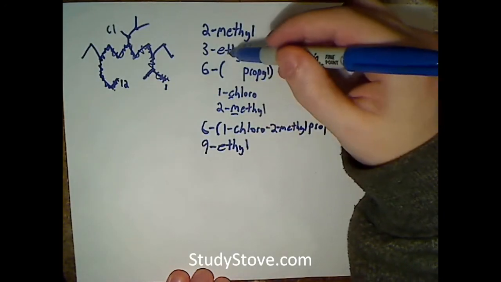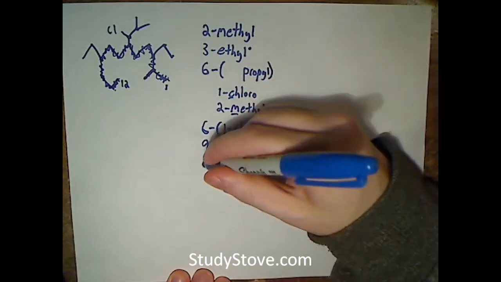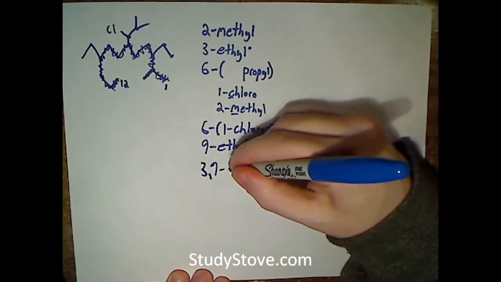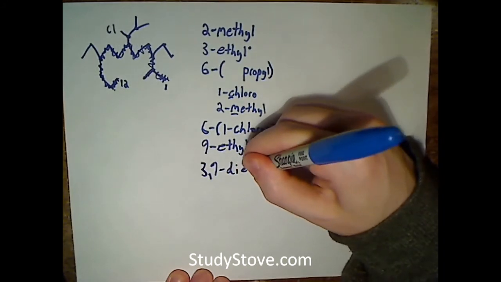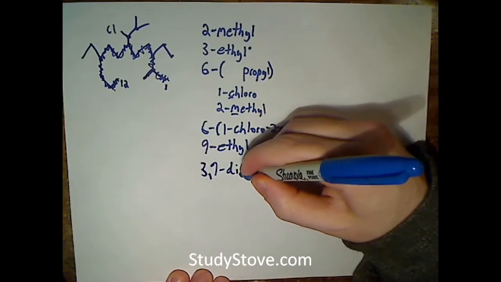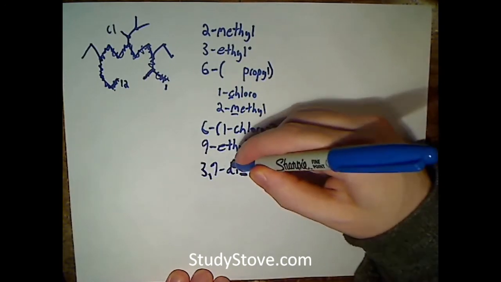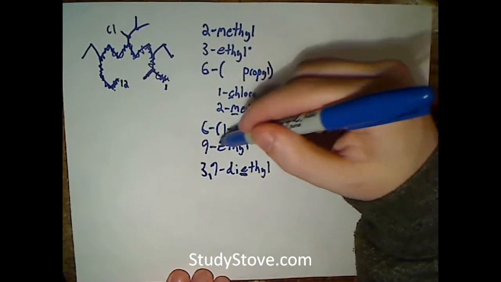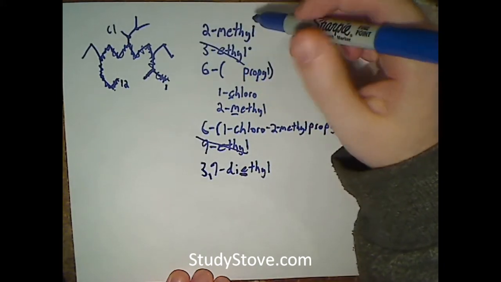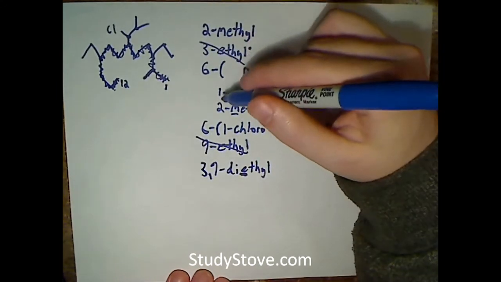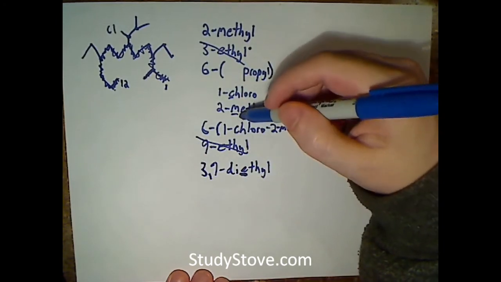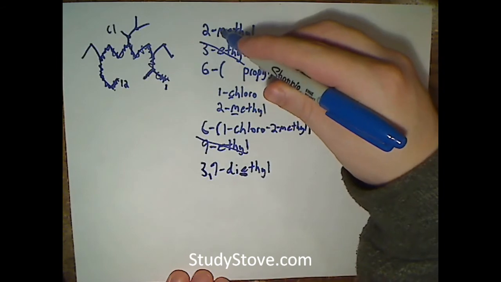We have 2 ethyl groups, so we're going to end up with a 3,9-diethyl, but we're just going to go by the E. We don't count the di or tri or whatever we end up with. So I took care of these. Okay, so we go by alphabetical order, so we have C, E, and also M that we need to worry about.